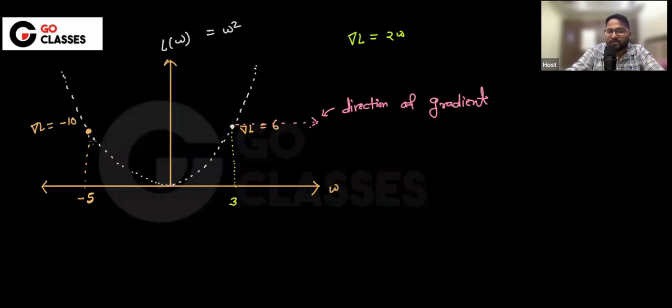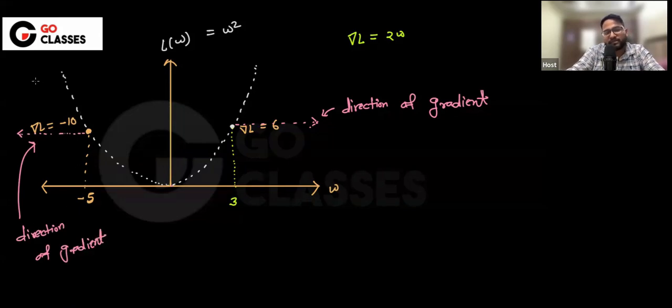Now, what is the direction of gradient? This one, right? So this is the direction of gradient. Tell me, if you go in this direction, is your function increasing? Yes, right.